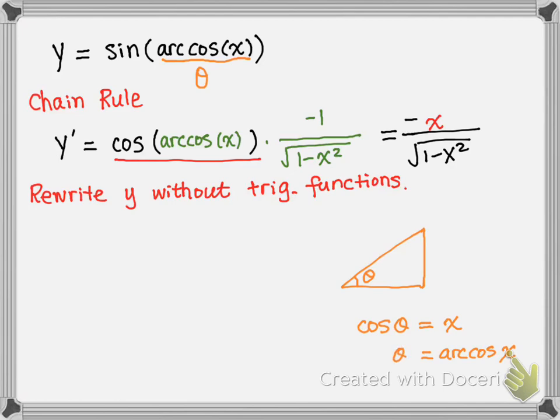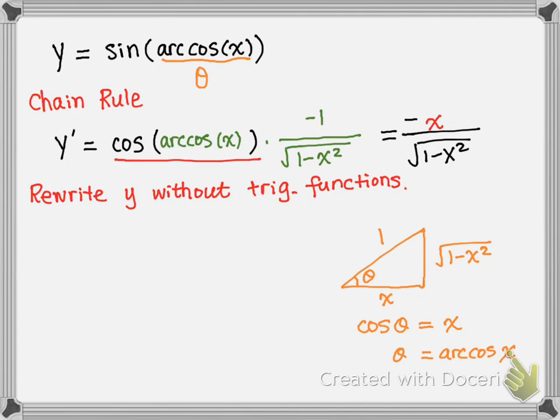So what it's telling you is the adjacent divided by the hypotenuse must be x. You can define it as x and then 1. That's the simplest way to define it. You can use a different expression, but it has to give the same ratio of x. So what it tells you is the opposite is the square root of 1 minus x squared. This is the relationship that we're dealing with.